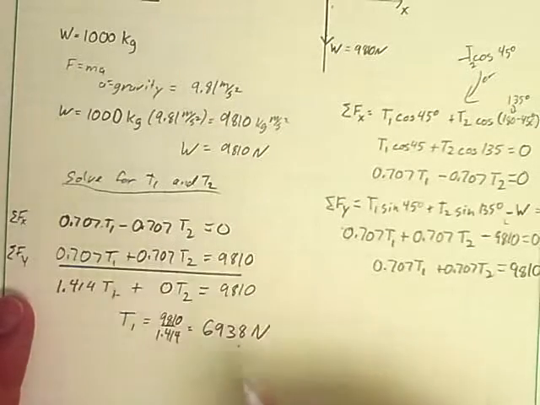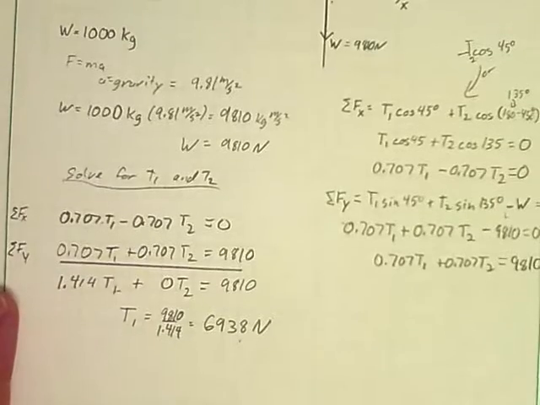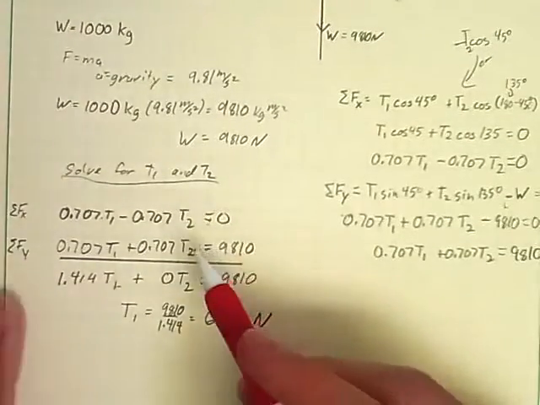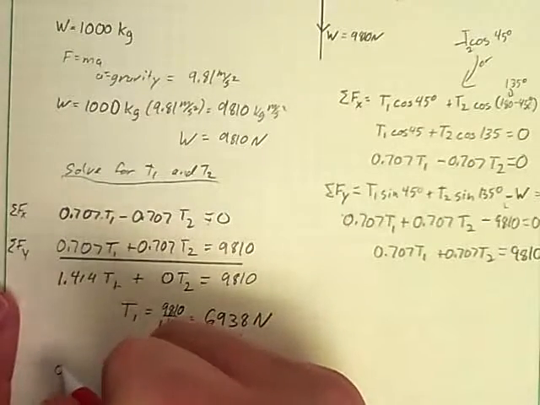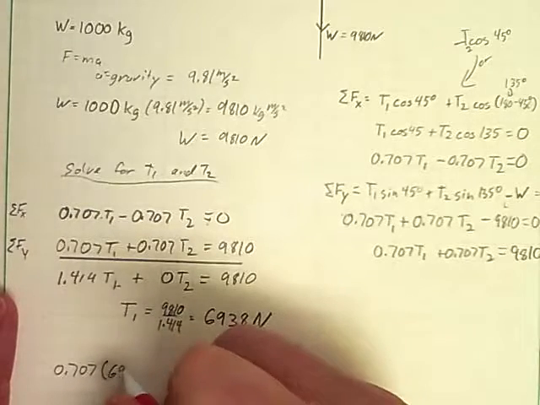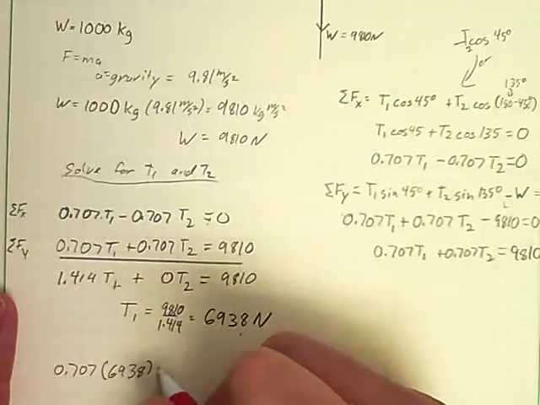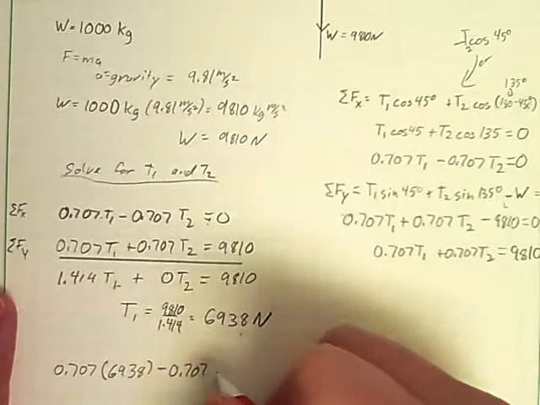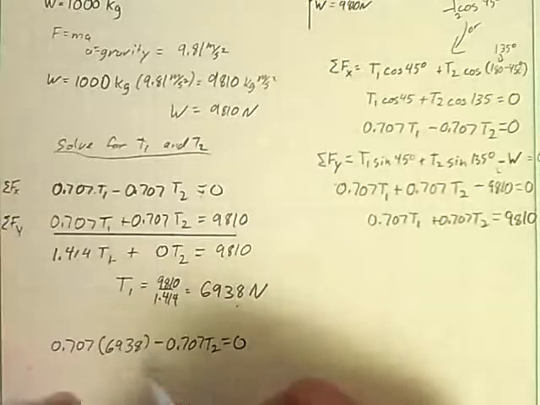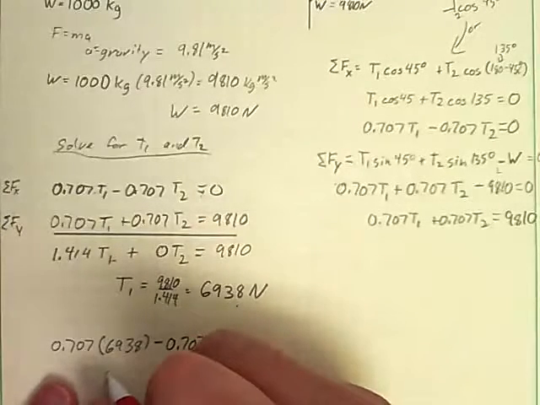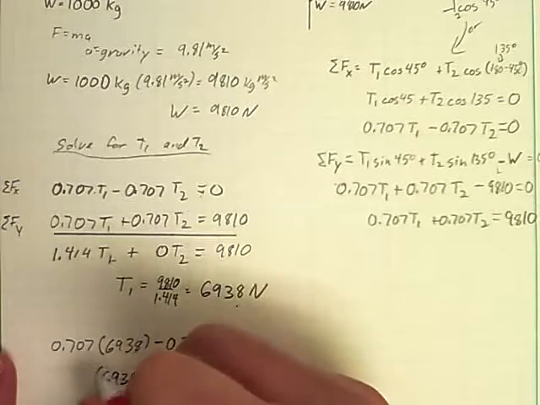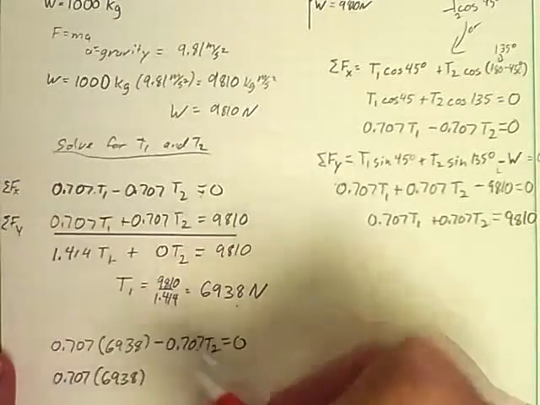I can plug that back into either equation and get what T2 is. I'm going to plug it into this one because it has fewer terms. So 0.707 times 6,938 minus 0.707 times T2 equals 0. Actually, instead of multiplying it out, I recognize that the coefficients are the same.